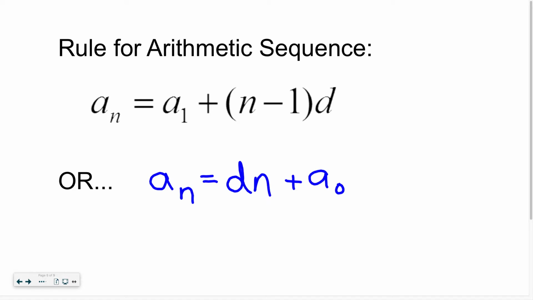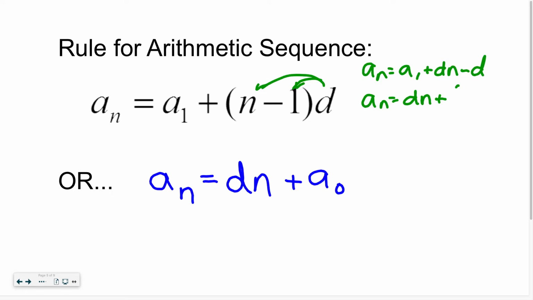Side note, these two formulas are exactly the same. If I distributed this d, I would get a sub n equals a sub 1 plus dn minus d. Doing a little bit of rearrangement, a sub n is equal to dn plus, I'm going to protect it with parentheses, a sub 1 minus d.